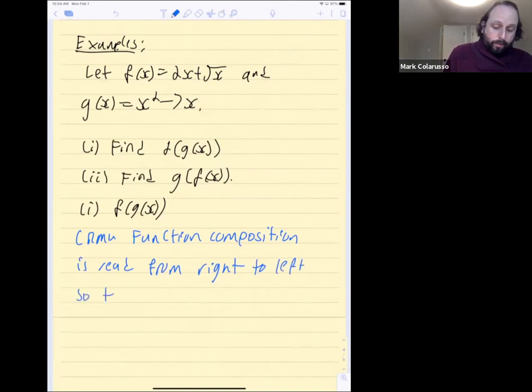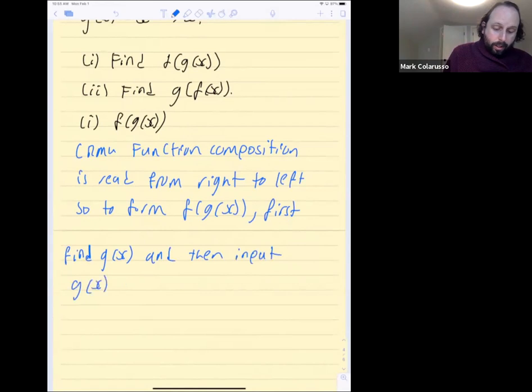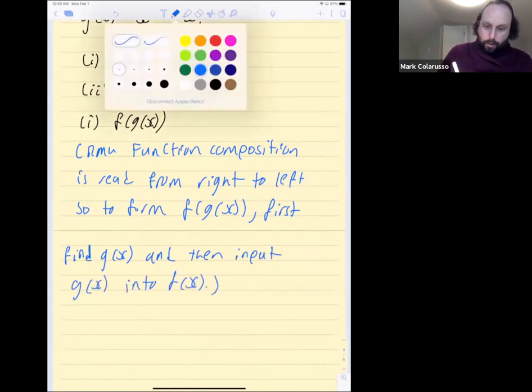So to form f of g at x, first find g at x, apply the function g to x, and then input g at x into f. So like I said, I think that's one of the trickier things when you're dealing with this stuff.